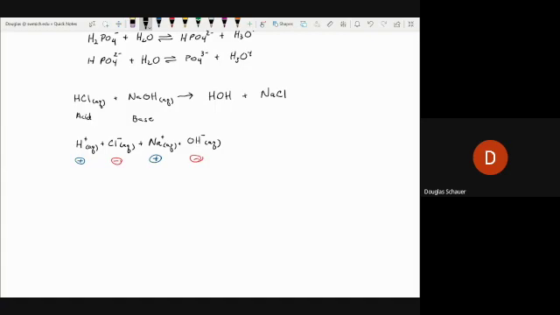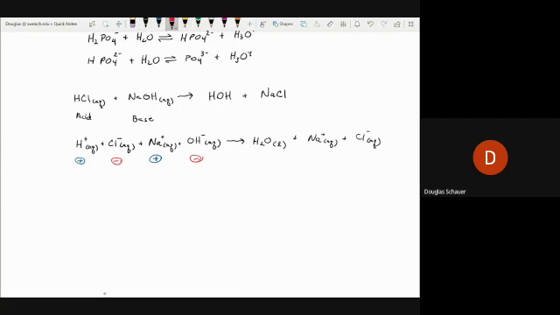Okay, we can show this in the ionic form first. So we get water, which does not dissociate to any appreciable extent. Okay, plus sodium chloride. So sodium and chloride ions.